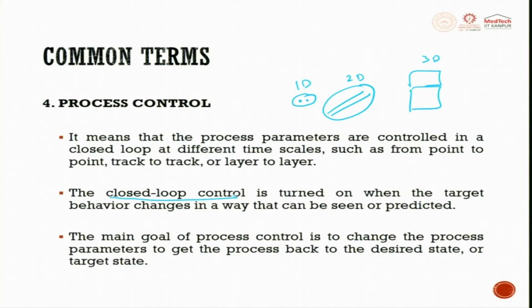The example I gave from the machine: we have a nitrogen cylinder which has a pressure gauge. This pressure gauge is connected online with a system wherein we have integrated IoT. The main goal of process control is to change the process parameters to get the process back to the desired or target state.